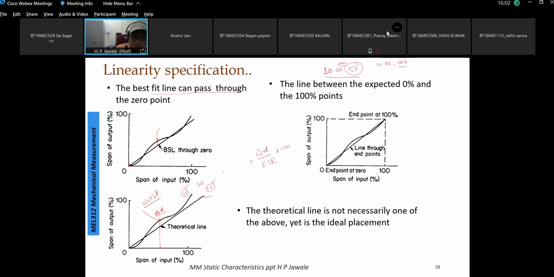So we call it the percentage linearity error: del D over full scale reading, expressed in percentage. This is how the linearity error is expressed. It's a very simple way to express it.